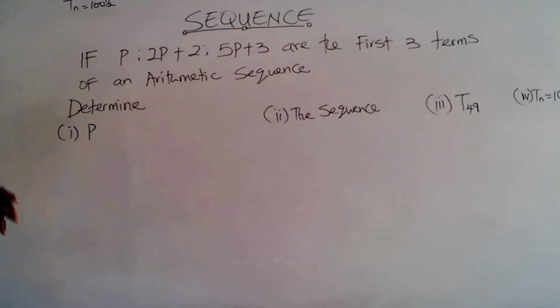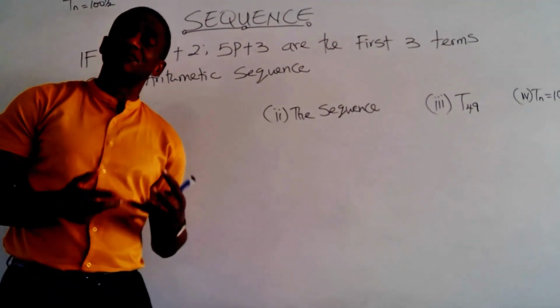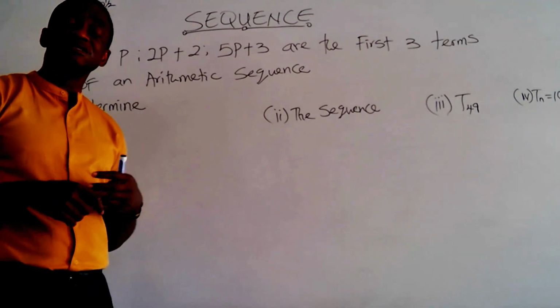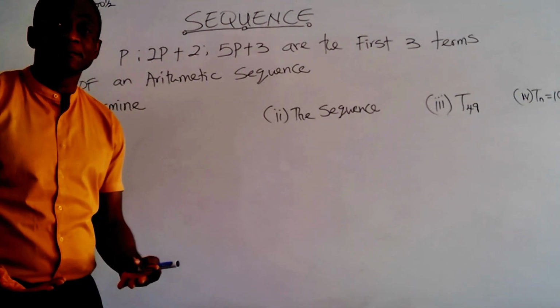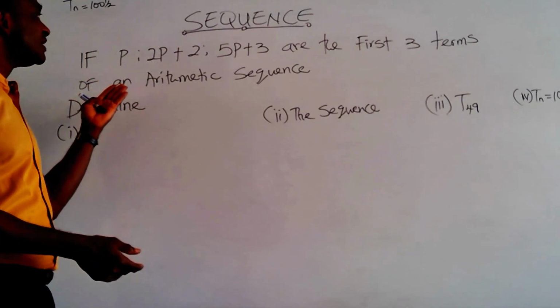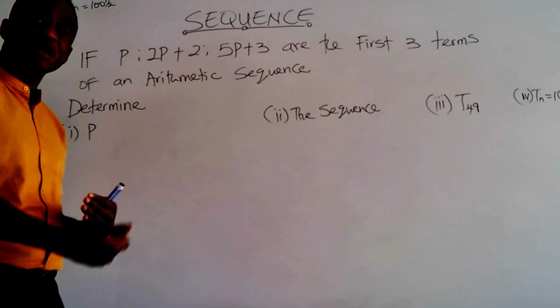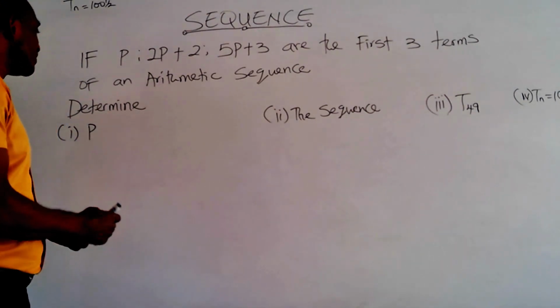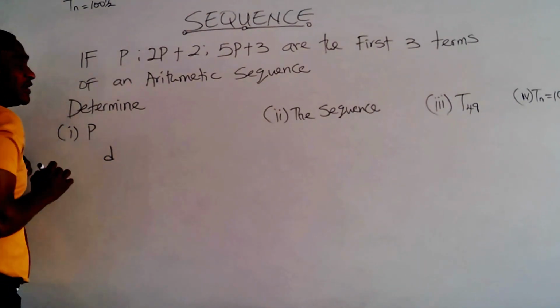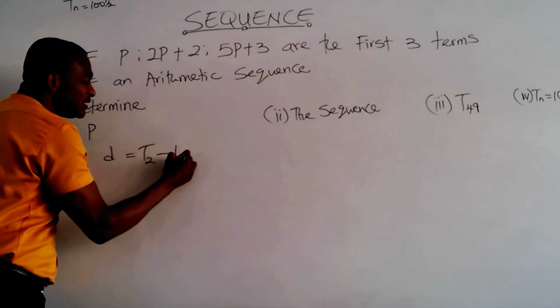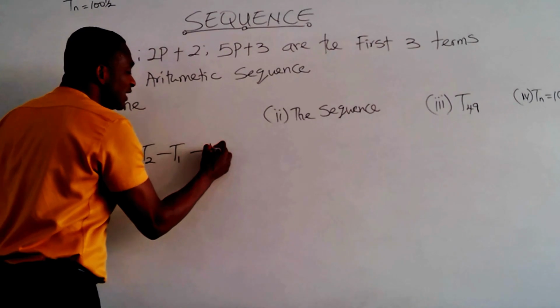Now, what do we do? First thing, what is the major property of an arithmetic sequence? We know that it has a common difference. So we can't just plug in p here and start solving, because it won't give us a number. So we go back to the major property, which is the common difference. That common difference can be determined if we subtract t2 minus t1.